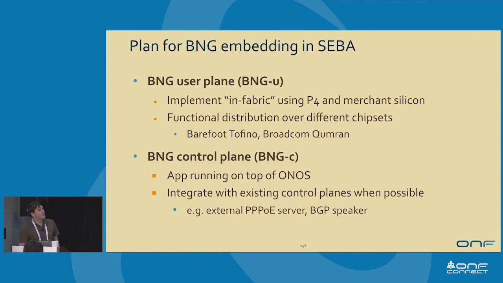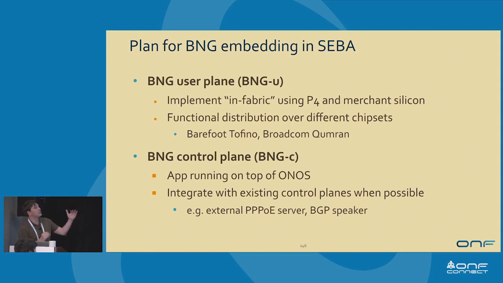And the solution is very simple. We can actually disaggregate this box in 2 pieces, a user plane and a control plane, where the user plane is responsible for the packet processing intensive functionality, and the control plane is responsible indeed for the control functionality.